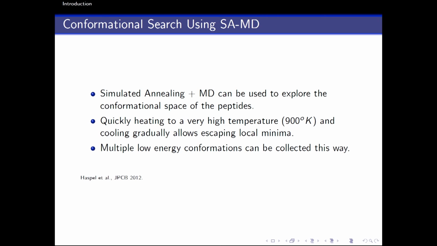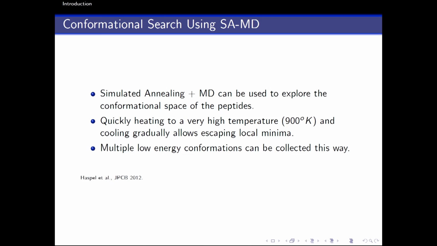And so if we run this process a number of times from different starting points, we can collect multiple low energy conformations that provide, hopefully, a reasonable sampling of the conformational space of those peptides. I should just note that this is not very feasible for larger proteins.